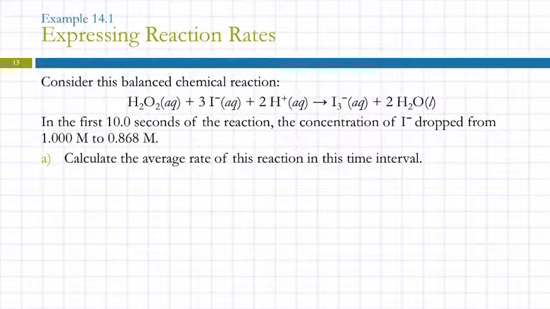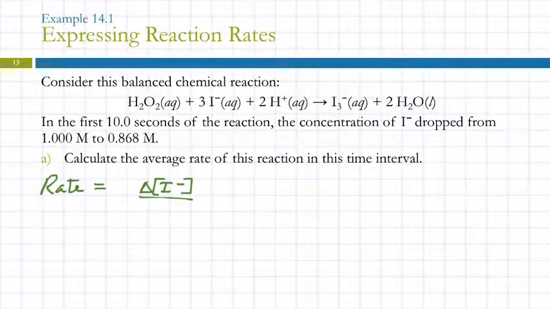So for this reaction, the rate in terms of iodide, we're going to have change in iodide divided by change in time. What else do we need to put in there? A negative. This is a reactant. The change in its concentration is negative.